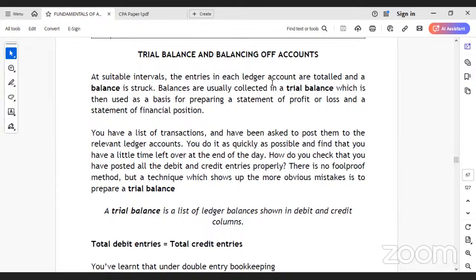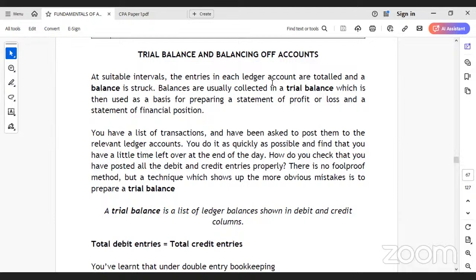Remember, we talked about the accounting cycle, and we said that business transactions have to be documented. Then, from documentation of these business transactions, we have to enter them in what we call the books of prime entry. Then from the books of prime entry, we have to post the transactions to the respective ledgers.